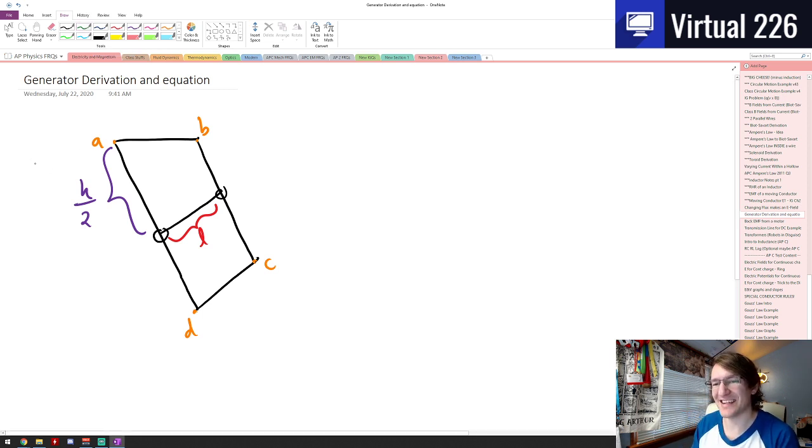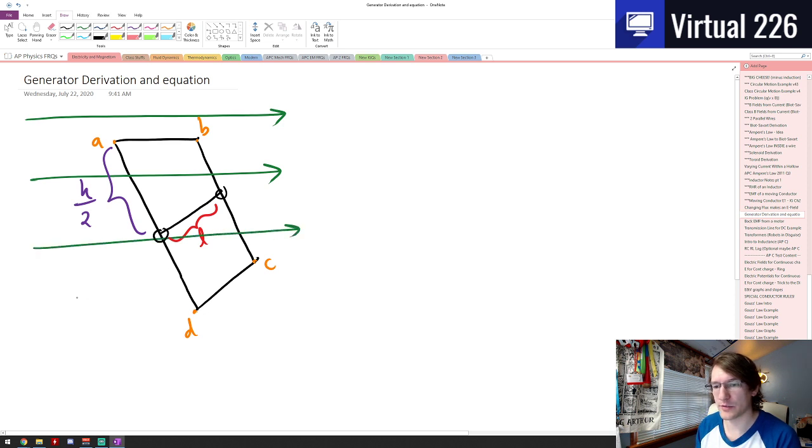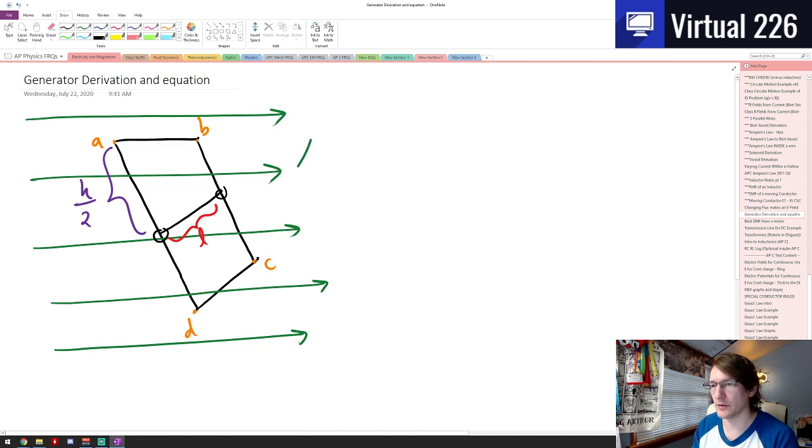We're also going to place this bar, which has the ability to rotate, in a magnetic field. There's going to be a uniform magnetic field running through this loop. This is our uniform B field.